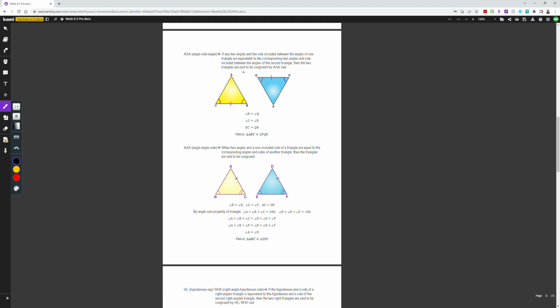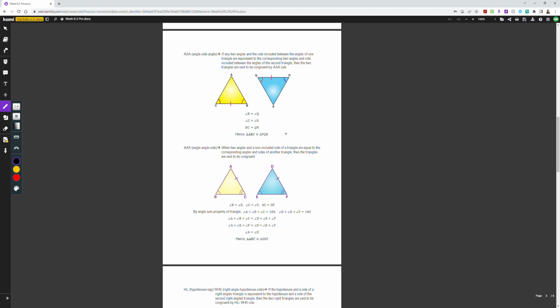Angle B is congruent to angle Q, angle C is congruent to angle R, and line BC is congruent to line QR. Because of the ASA rule, we know that triangle ABC is congruent to triangle PQR.